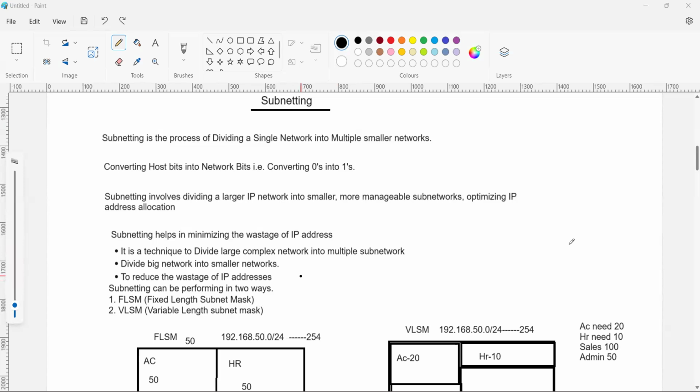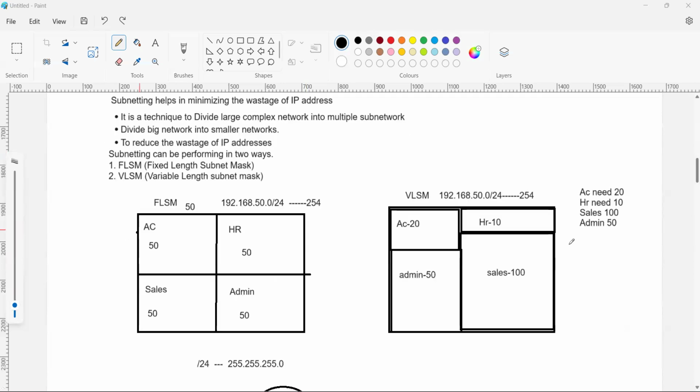And mainly, we can implement subnetting in two ways. One is FLSM and one is VLSM. FLSM is fixed length subnet mask. Here you can check: HR department 50, account department 50, sales department 50, admin department 50.